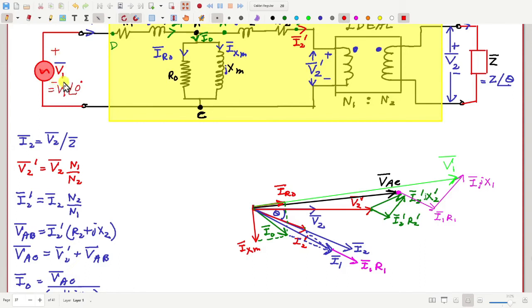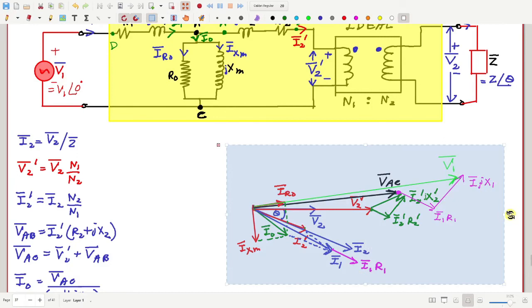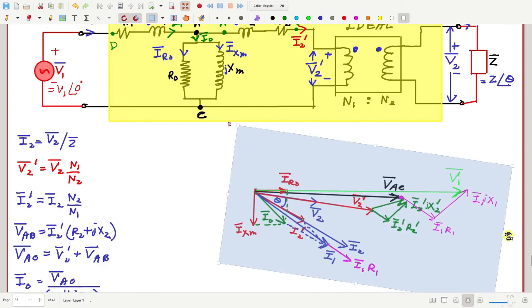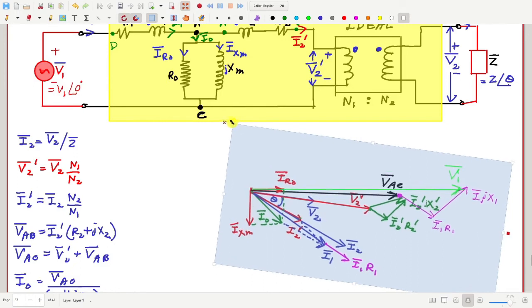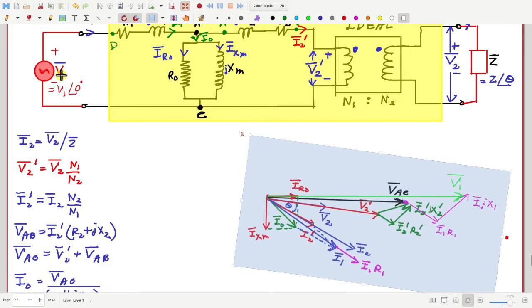So what can I do next? What I will do is just rotate this diagram to make V1 at the desired angle, in this case at 0 degree. So suppose now it is at 0 degree, I have rotated it. Then I can also scale it up or down, so that the length of V1 becomes equal to the value of this voltage.